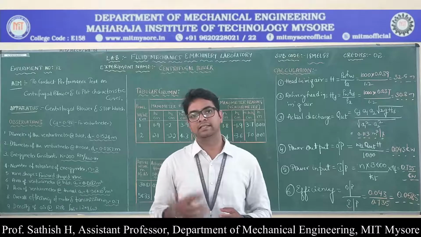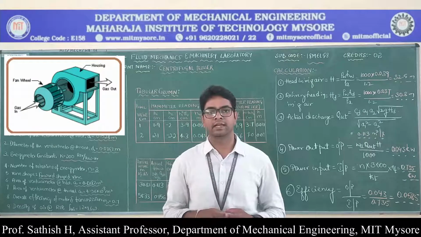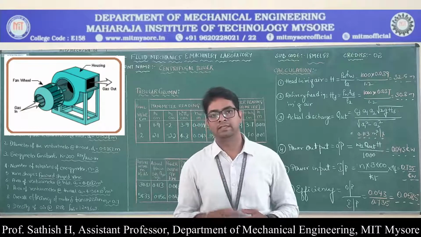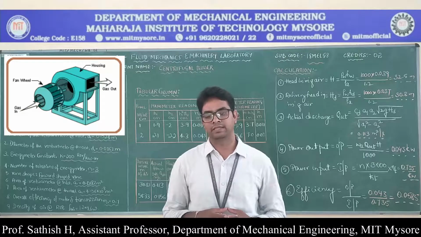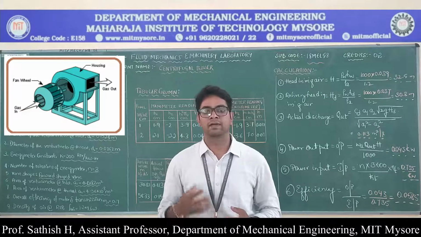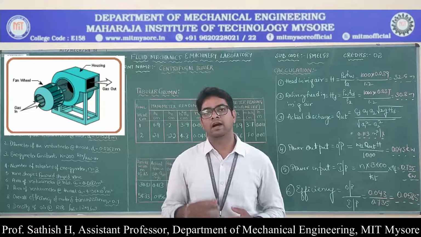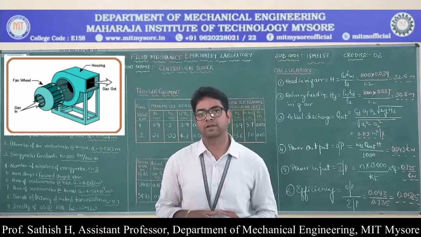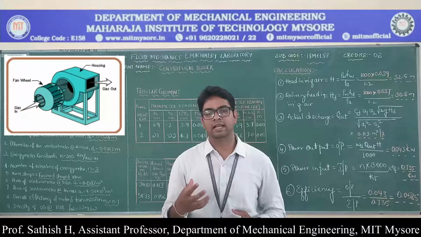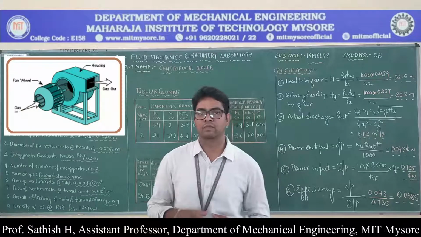Basically in this device, air is taken at the inlet, and you have an impeller or vanes, which can be of three kinds: forward curved vanes, backward curved vanes, or radial vanes, mounted on a shaft. This shaft is driven with the help of an electric motor.